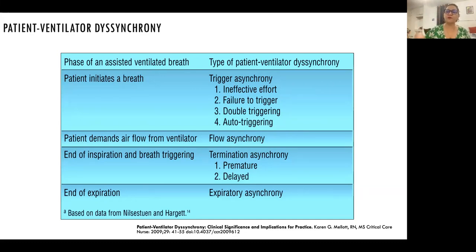Or there could be double triggering because you have kept the inspiratory time of the ventilator less than the neural inspiratory time. Or there could be auto-triggering because of water in the circuit, or due to hiccups, or due to a change in the flow for any other reason. So you may have a problem with trigger asynchrony.